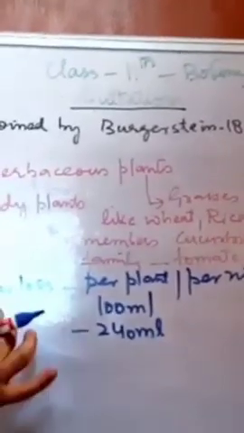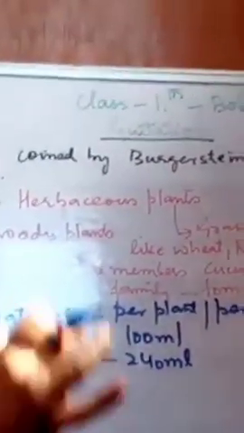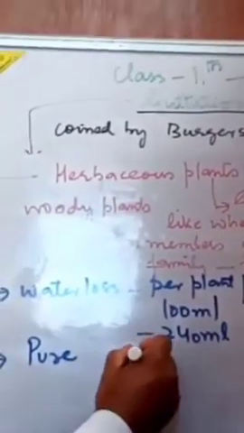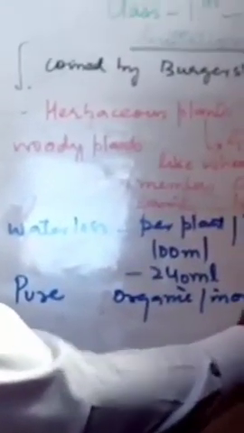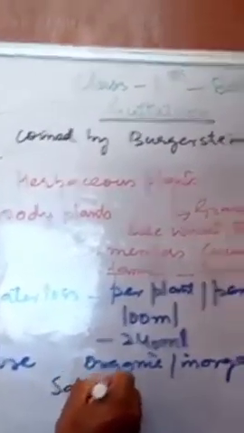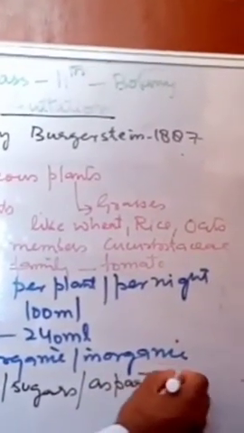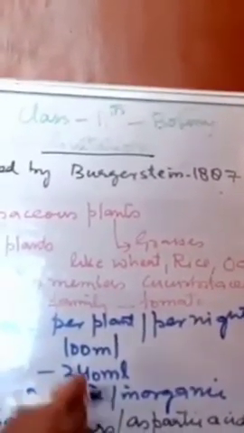Another thing is that the water loss which takes place here is not pure, and it contains some substances, both organic as well as inorganic. There may be some salts, there may be some sugars, there may be aspartic acid, there may be aspartame which is found in this water.